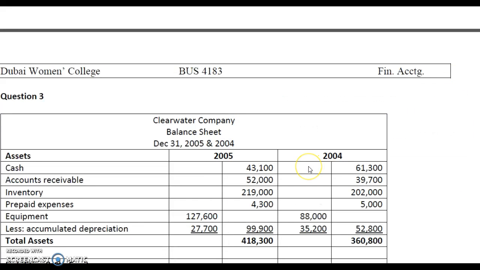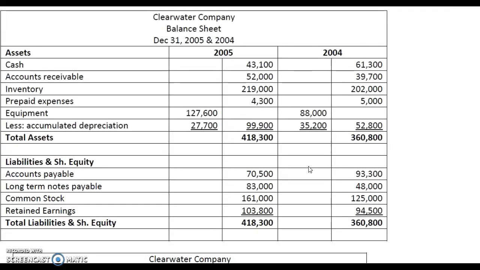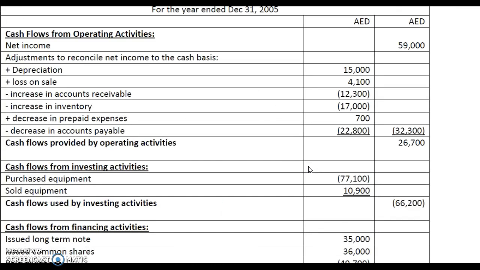So equipment purchased results in decrease in cash flow. Therefore, in our cash flow statements, we record the purchase of equipment minus 77,100 as we got in our working for the purchase of equipment. Now there is no other purchase or sale of any other non-current assets.